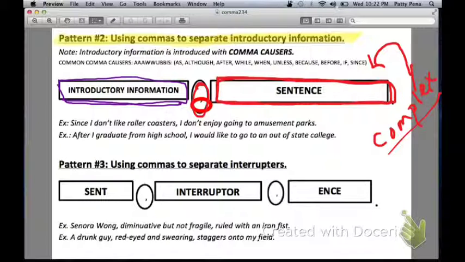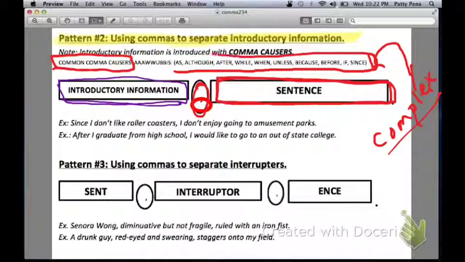Now, one of the most common ways to begin this type of sentence with introductory information that needs to be set off by a comma, is to begin with a comma causer. Those comma causers are as, although, after, while, when, unless, because, before, if, and since.